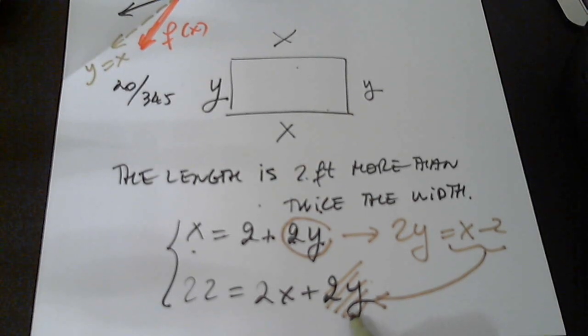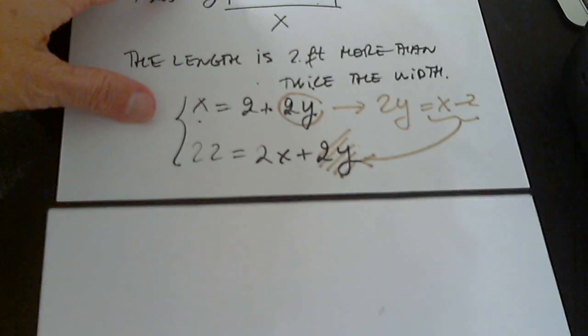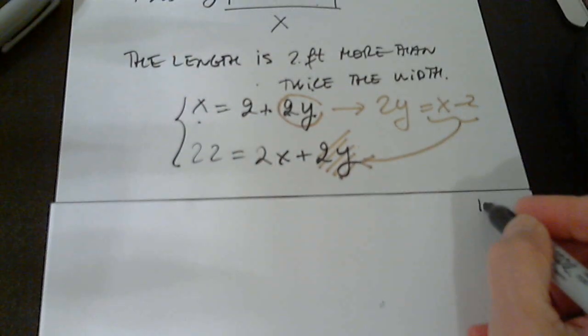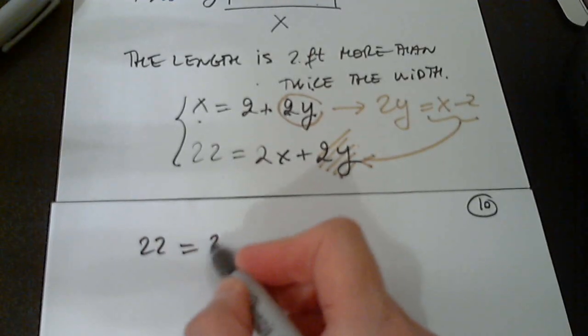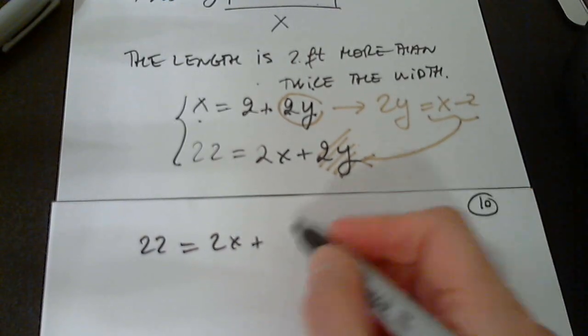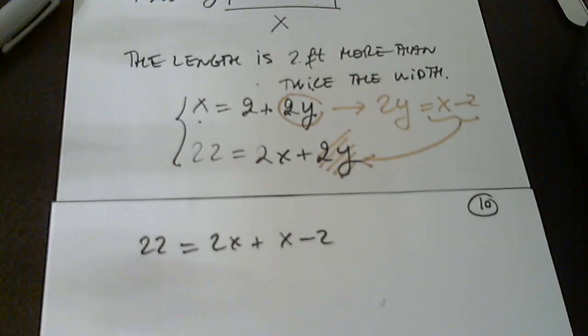But if I replace this by x minus 2, I will be able to solve for x. So let's do just that. So 22 equals 2x plus x minus 2. Instead of 2y, I put x minus 2.